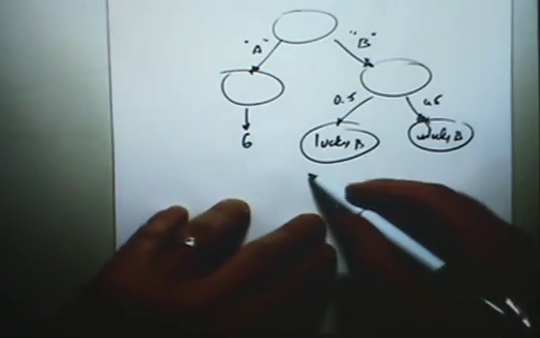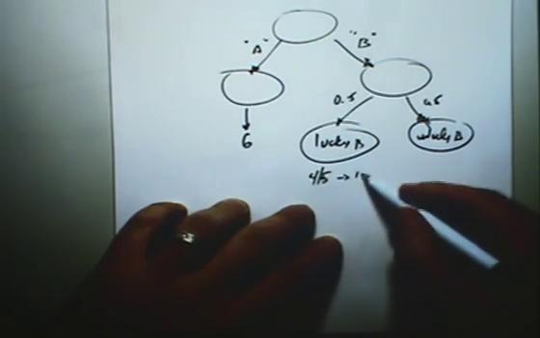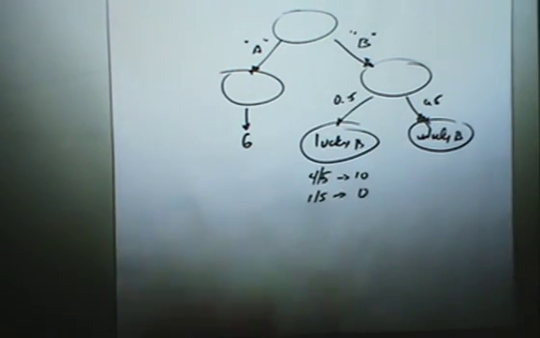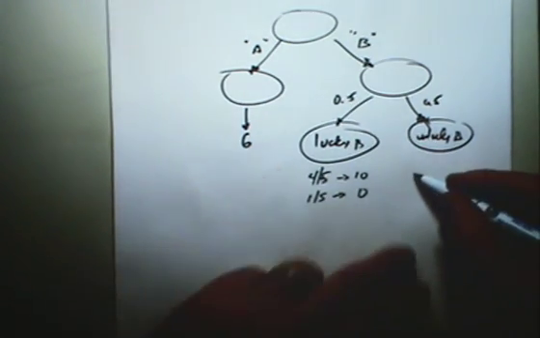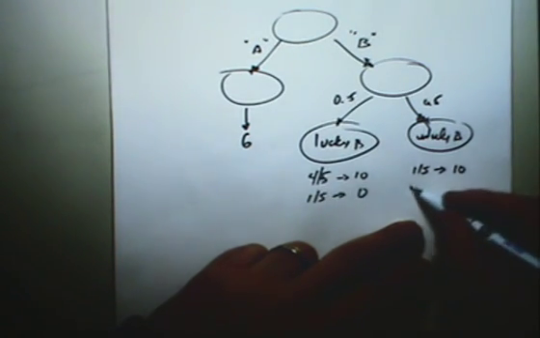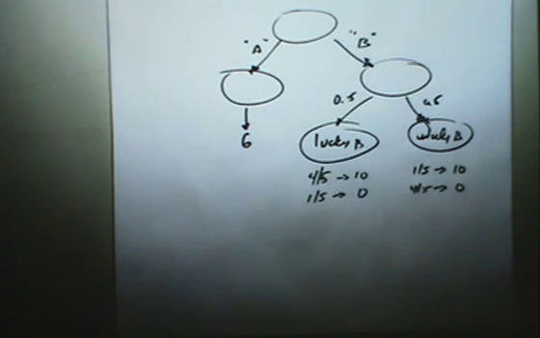The lucky B is 4/5 of the time a 10, and 1/5 a 0. And the unlucky B is 1/5 of the time a 10.